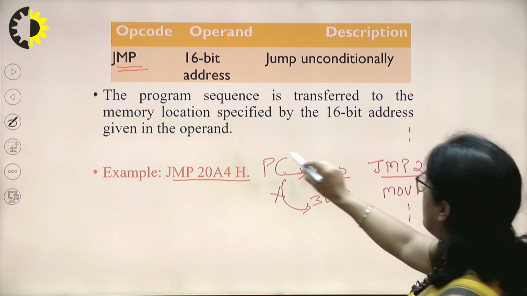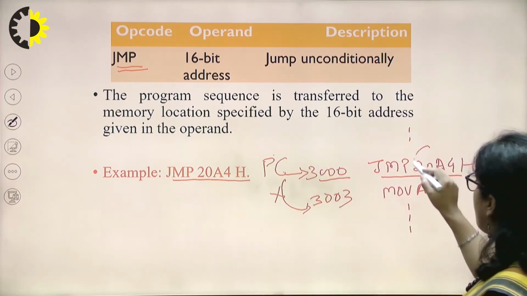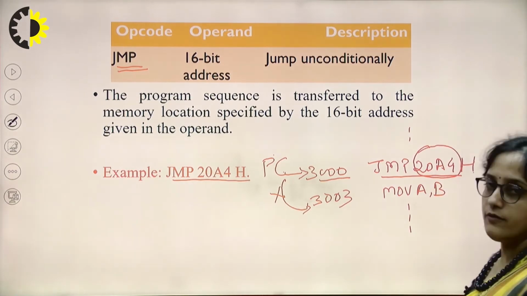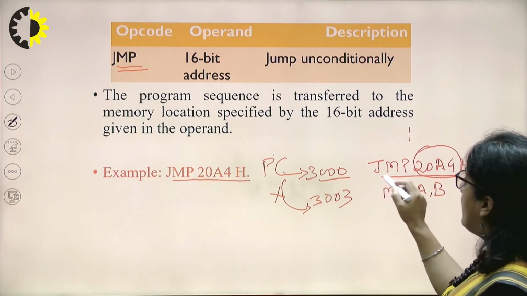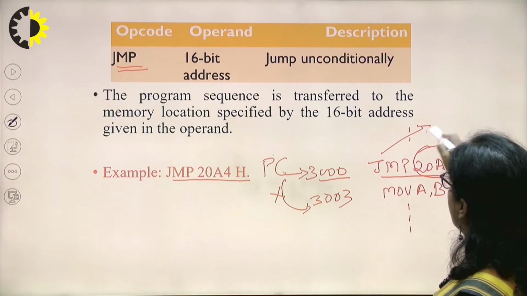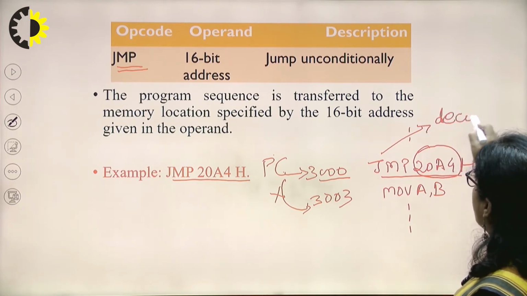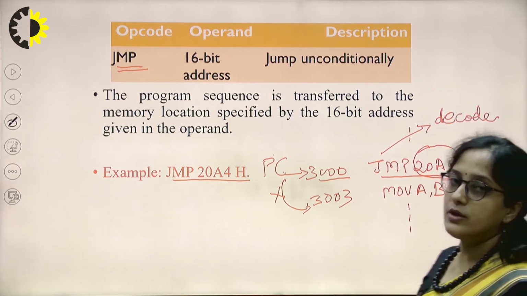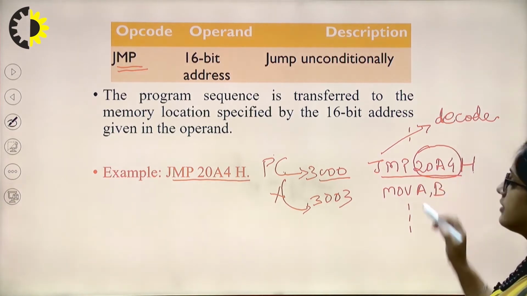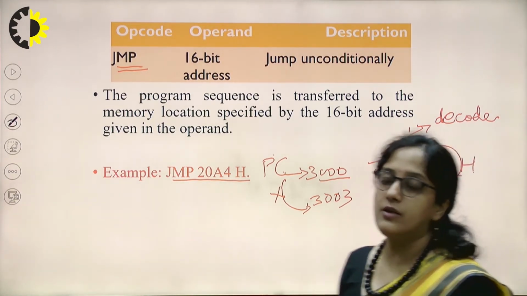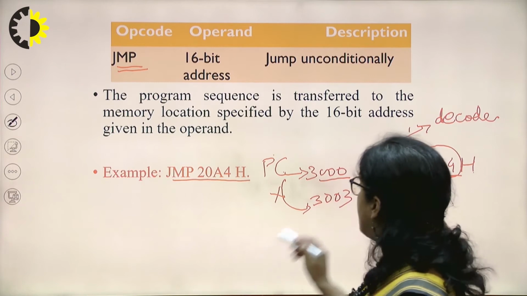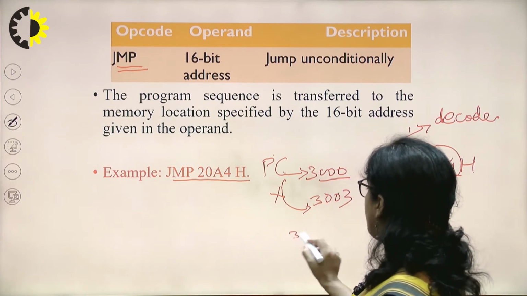It has to change the content of PC to 20A4, because when the opcode is decoded, the microprocessor comes to know that it must take the data from the next two locations, that is 3001 and 3002.